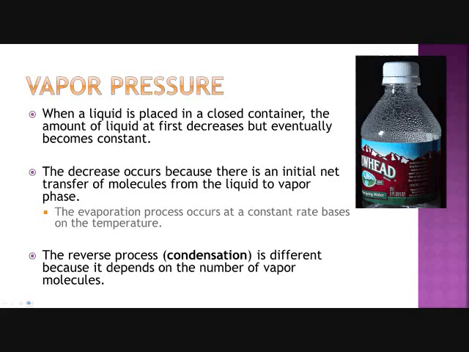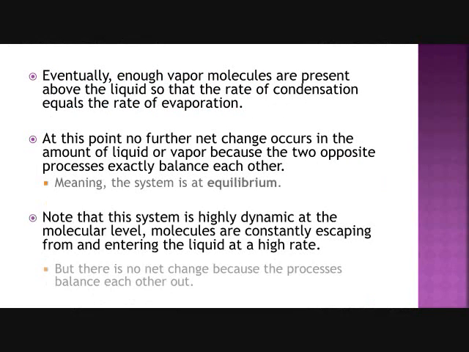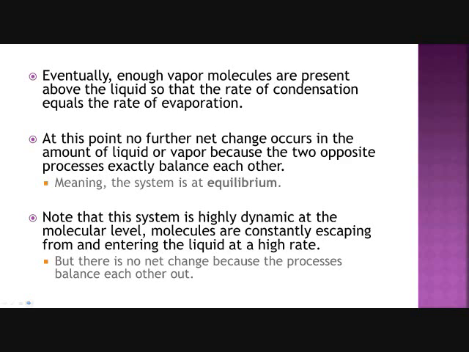Whenever you have a closed container, there is some vapor pressure in there because it's contained and there is vapor present. But when it goes back and forth, we say it reaches a system at equilibrium, which we used that word in Chem 1 a little bit.